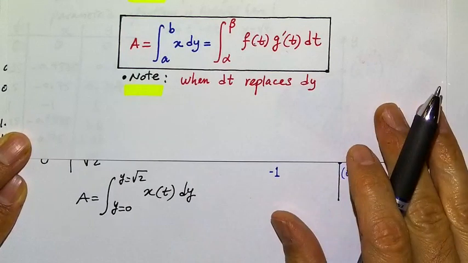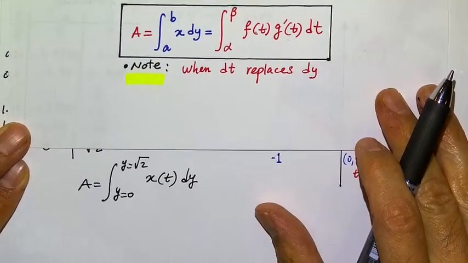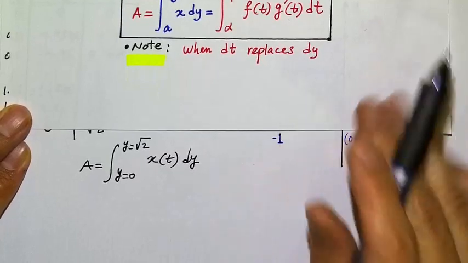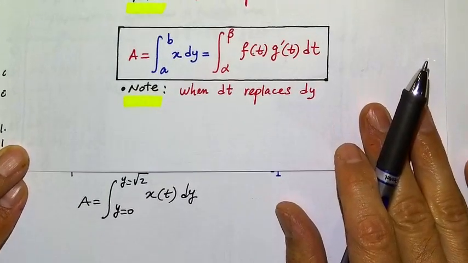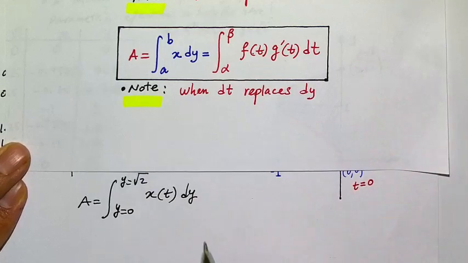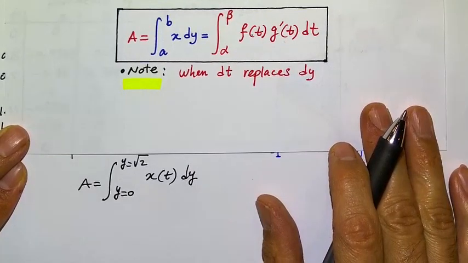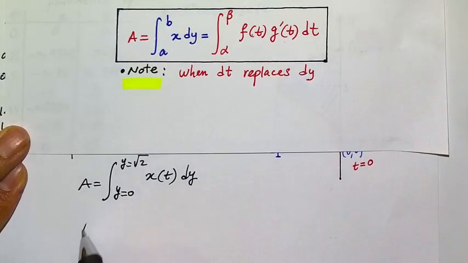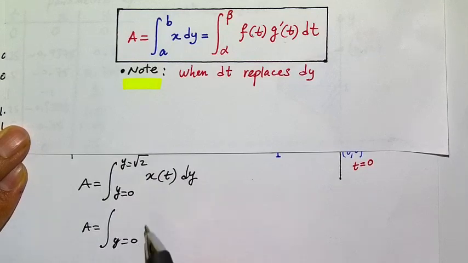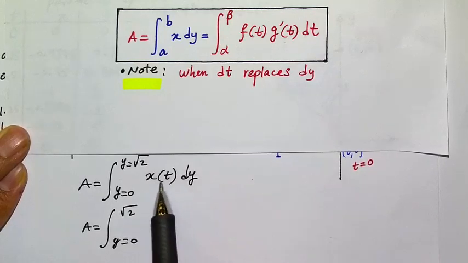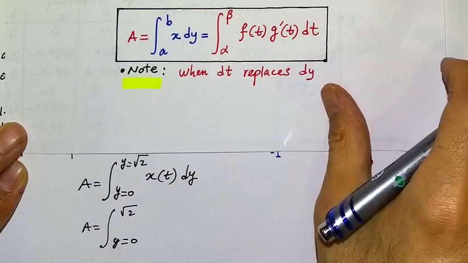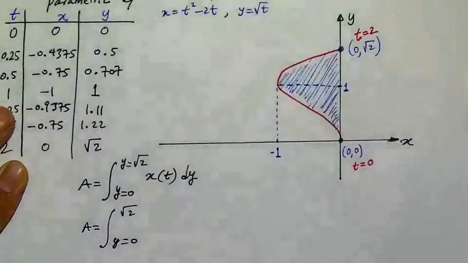That's our formula. So this will be equal to y from 0 to square root of 2. Now this function has to be the larger value minus the smaller value, right?